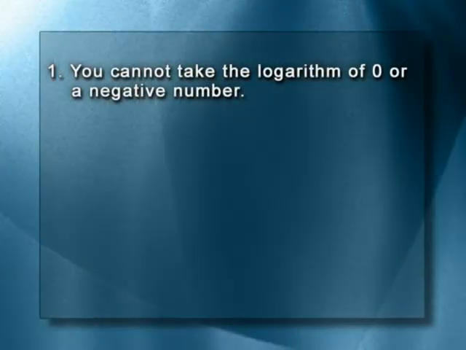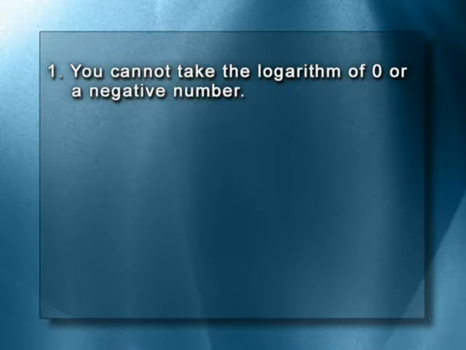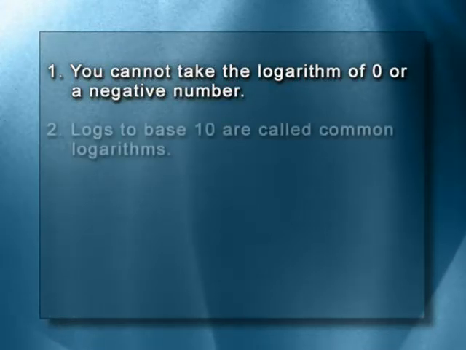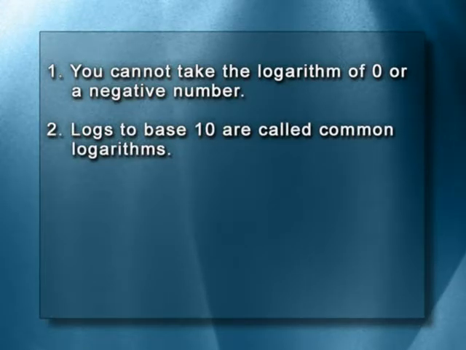Let me give you some study tips about logarithms. First of all, you can't take the logarithm of 0 or the logarithm of a negative number. If you don't believe me, try it on a calculator. You'll see what happens. Logs to base 10 are a very common type of logarithm, and in fact, they're called common logarithms.